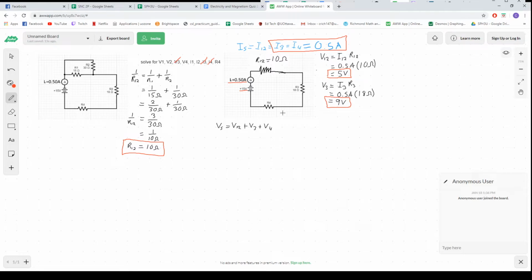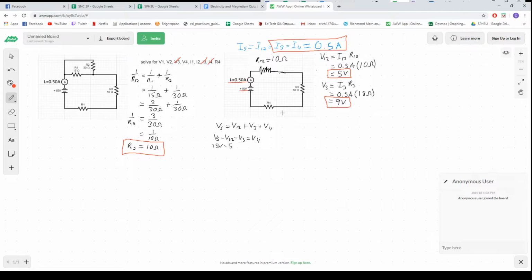All right, so coming back down to this equation down here, we have Vs equals V12 plus V3 plus V4, and we are looking for V4, so a simple rearrangement is just Vs minus V12 minus V3 is equal to V4. Plugging in all of our numbers, Vs is 15. That's just told to us by the battery. 15 volts minus V12, we calculated up there, is 5 volts.